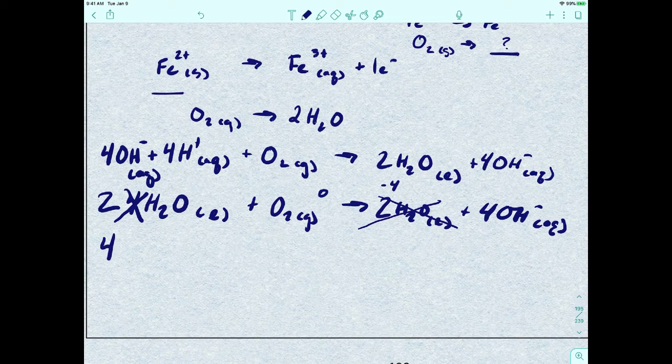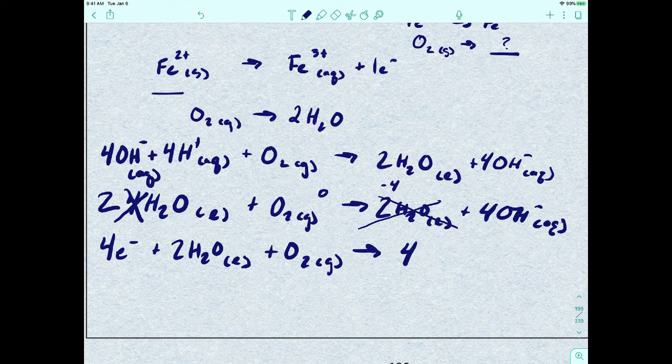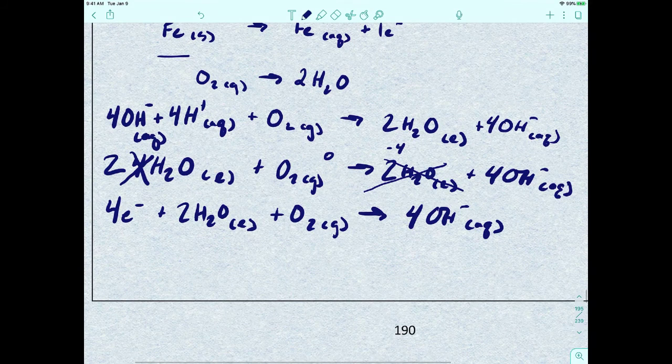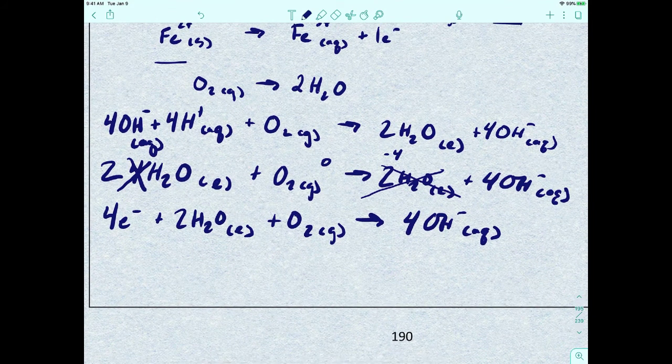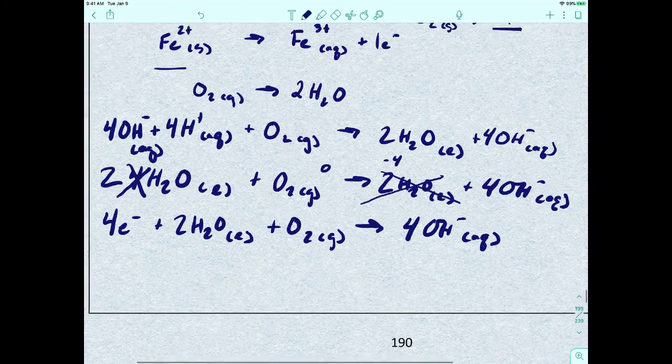So let's rewrite the left-hand side: 4 e minus plus 2 moles of water plus O2 yields 4 OH minus. Okay, so we're good. Now, that half reaction is completely balanced.